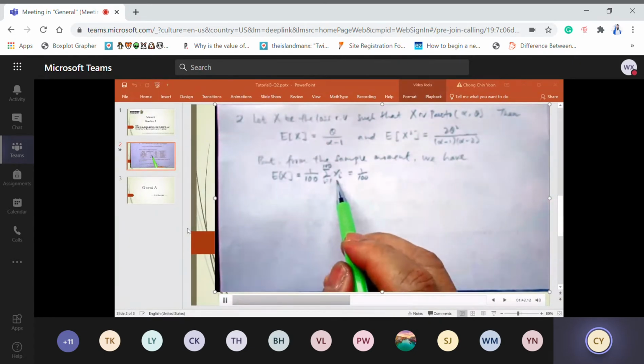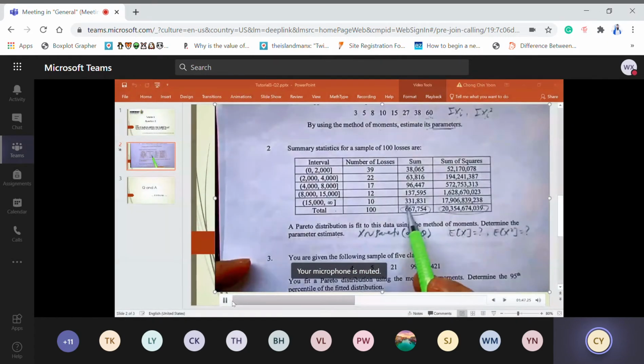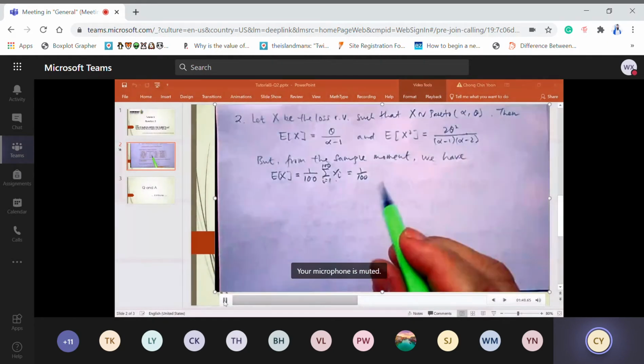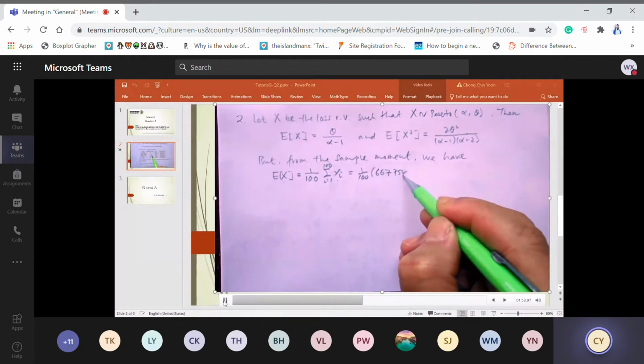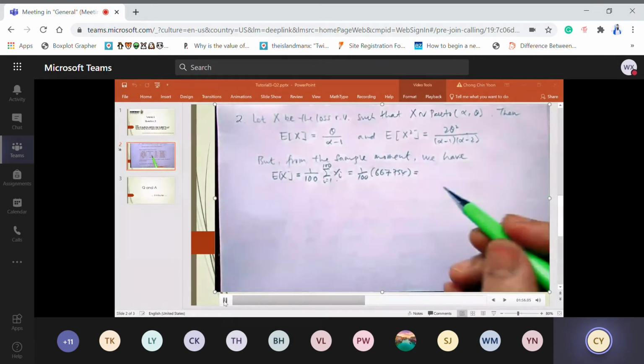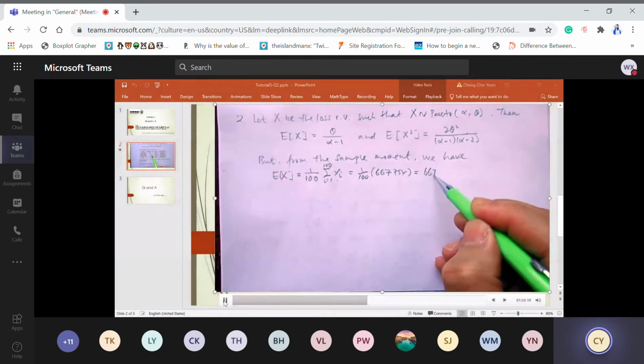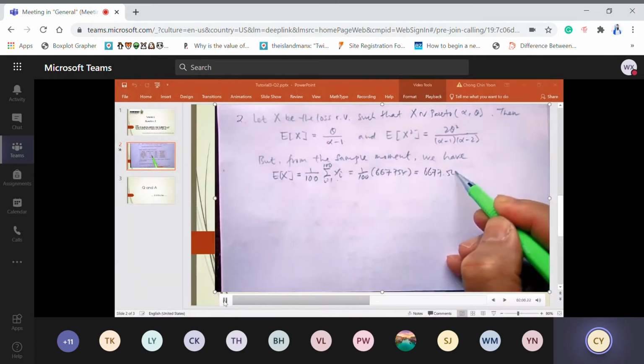And this is given by the question, which is this figure. And this will give me 6677.54.